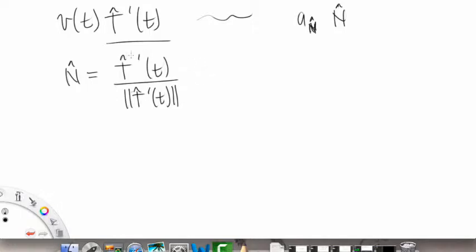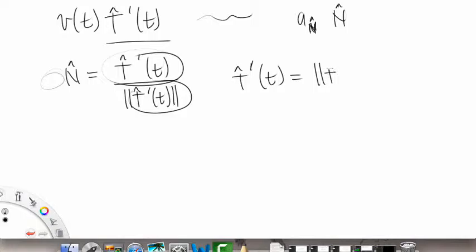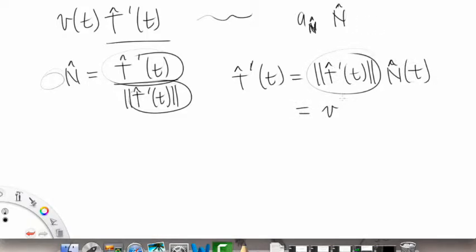Okay, so another way to write this would then be to multiply the magnitude to each side. So that's going to be the magnitude of the derivative of the unit tangent times the normal, N of t. And this, we've already learned, could be rewritten as v of t times the curvature.